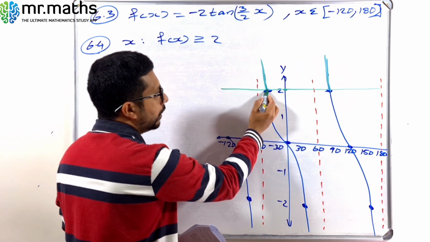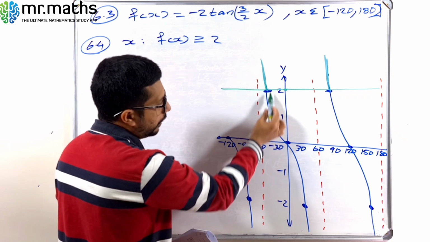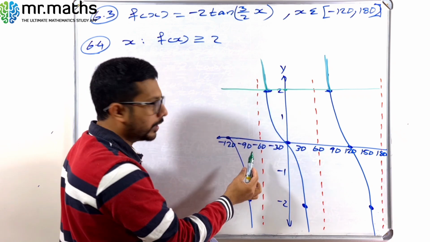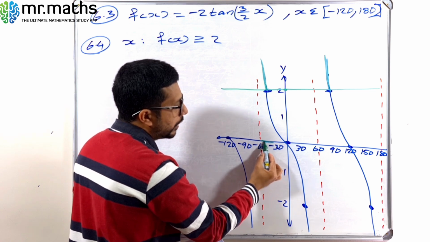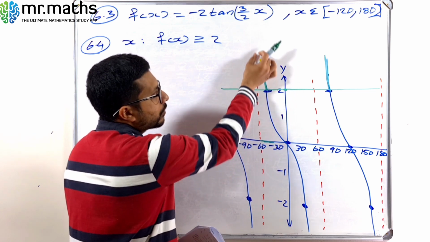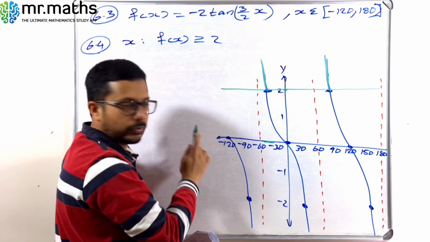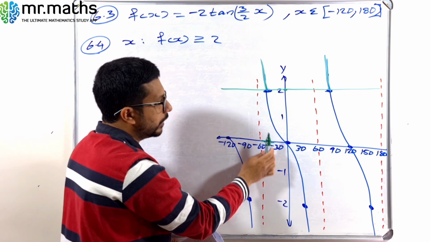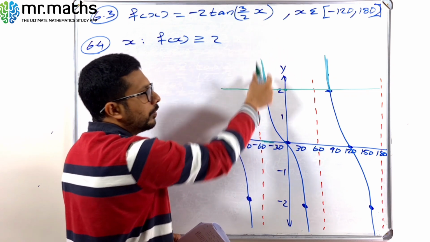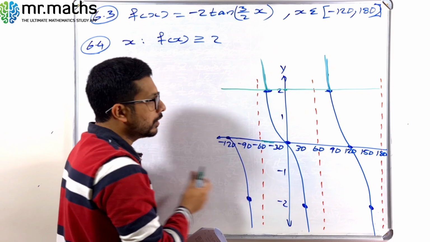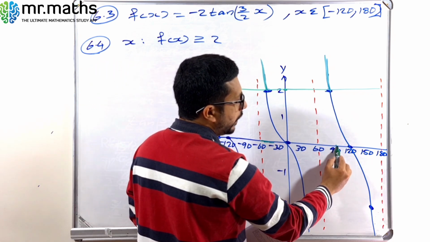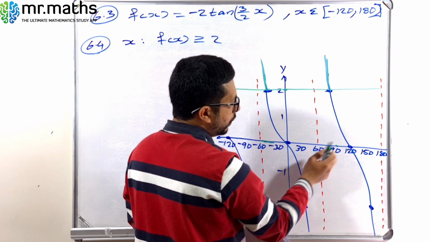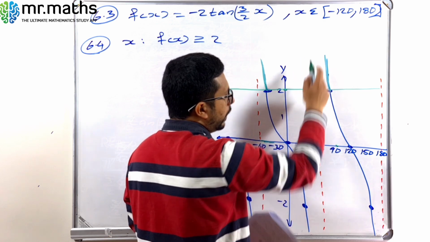Here at this point, what is the x value? Minus 30. That means between minus 60 and minus 30, the graph is greater than 2. Similarly, here at this point, what is the x value? It is 90, am I right? This one is the axis of symmetry.